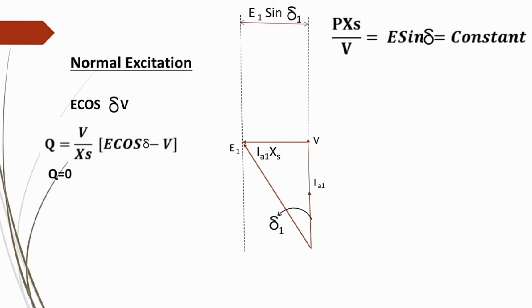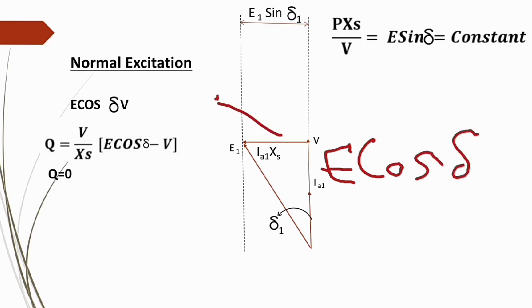This is E cos delta, sorry, and this one is E sin delta. So this E sin delta should be constant in this particular way.